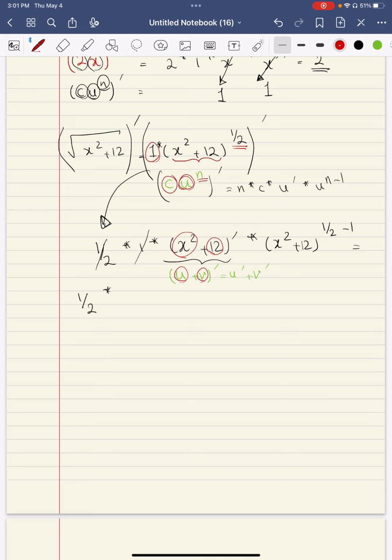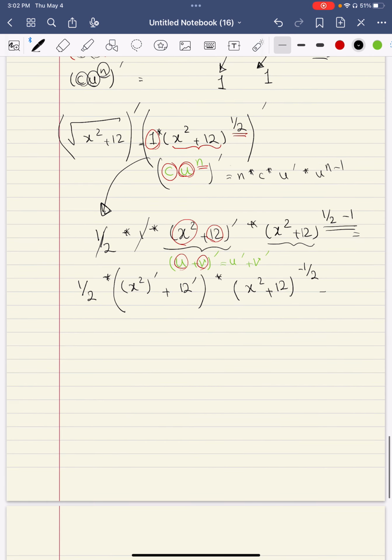So you can write it as u prime plus v prime, times x to the power of 2 plus 12 to the power of 1 over 2 minus 1. It is negative 1 over 2.